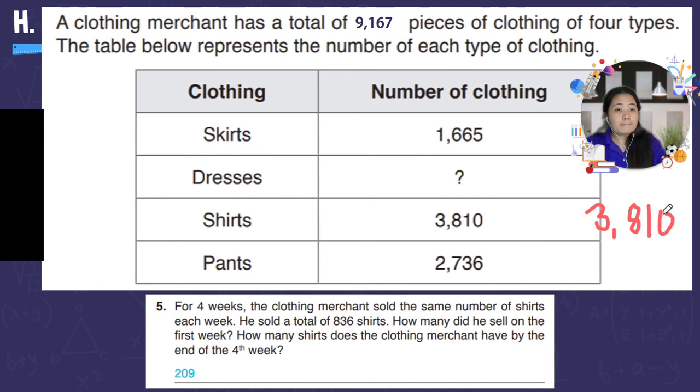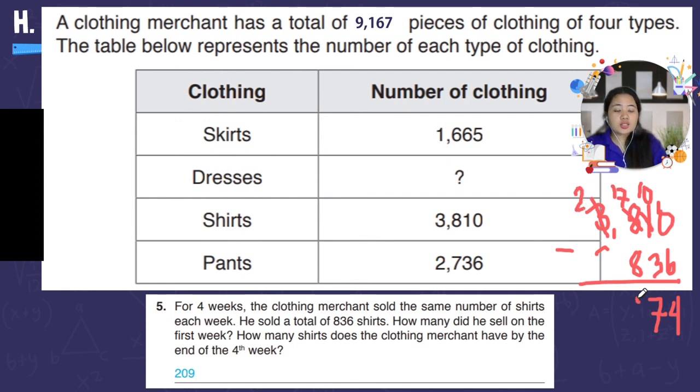3,810 minus 836. 0 minus 6 cannot, so this will become 0. This will become 10. 10 minus 6 is 4. 0 minus 3 cannot, so we borrow from 8. This will become 7, and this will become 10. 10 minus 3 is 7. 7 minus 8 cannot, so we have to borrow. So this will become 2, and this will become 17.